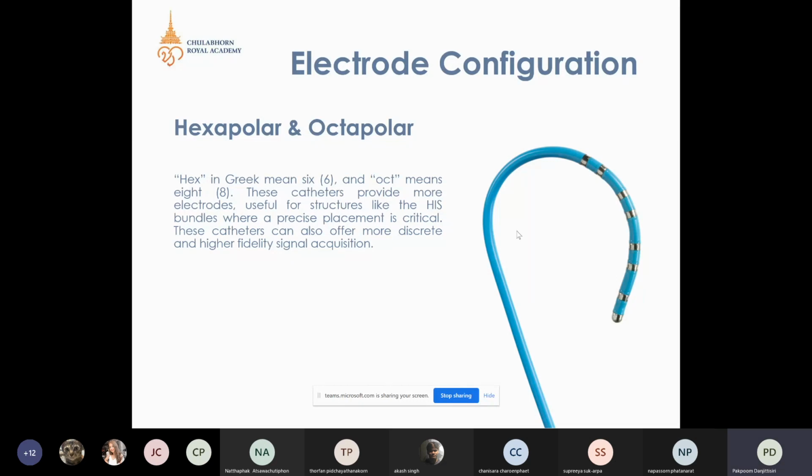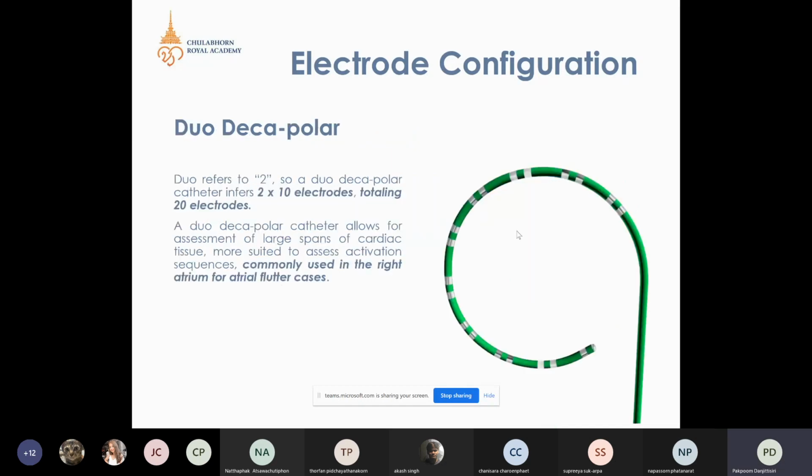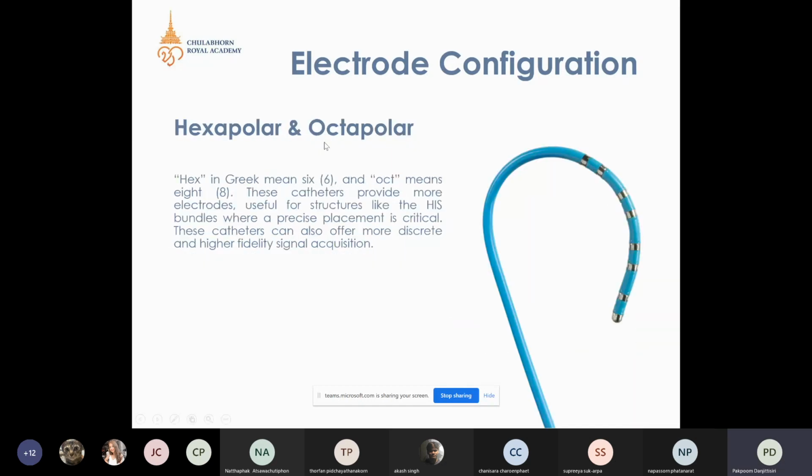At present, we have hardly seen hexapolar and octapolar catheters in the real lab, because the doctors don't use them much.